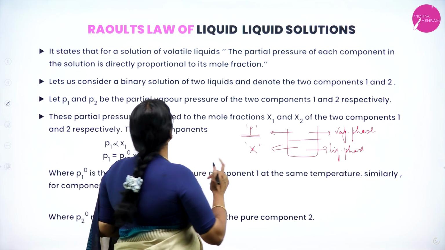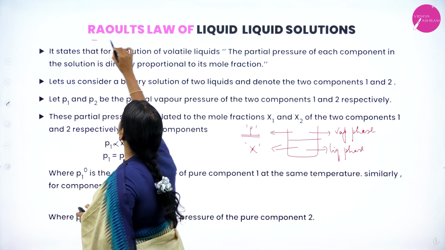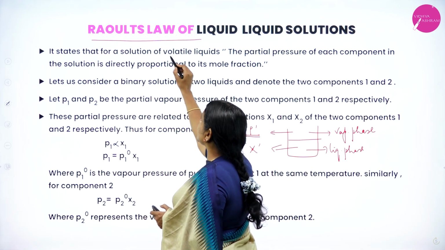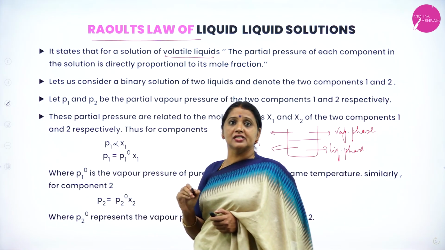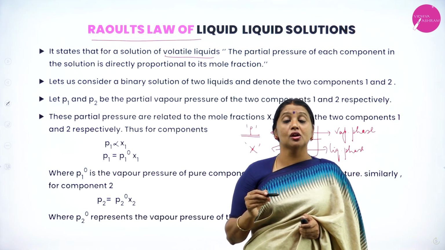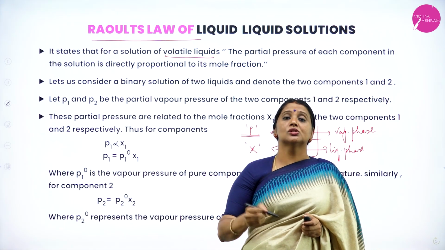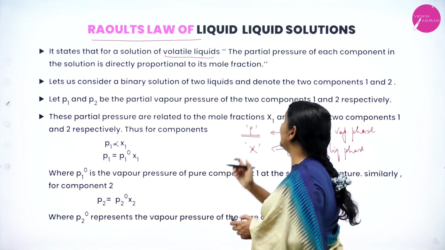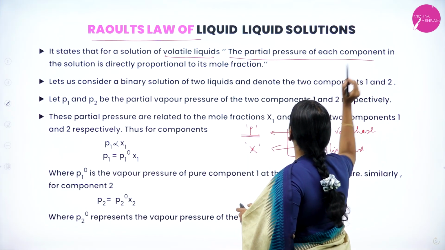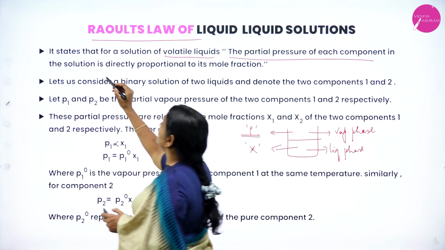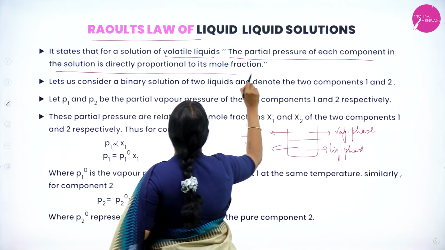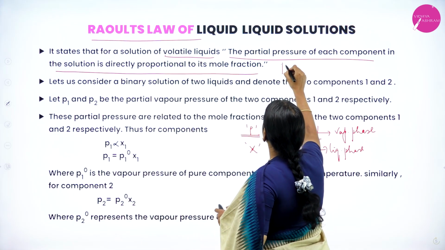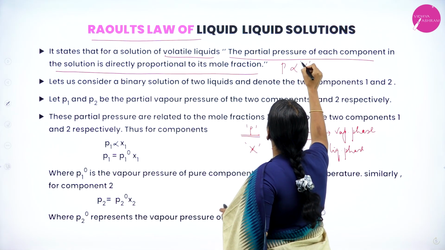Now I am going to explain Raoult's law. Raoult's law is applicable only for volatile liquids. Raoult's law is not applicable for non-volatile liquids. When volatile liquids are present, the partial pressure of each component in the solution is directly proportional to its mole fraction.